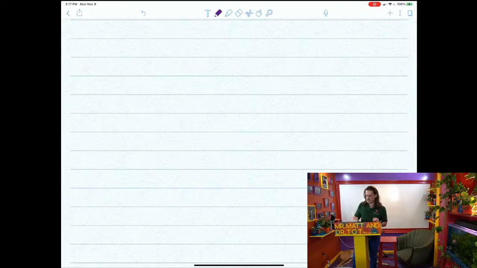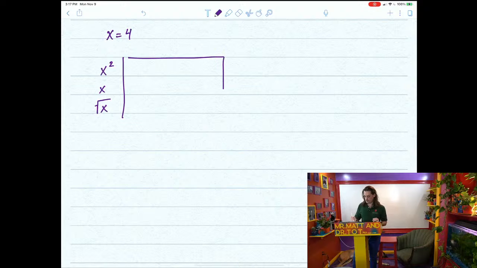So let's just take, for example, x is equal to 4, and let's look at x squared versus x versus the square root of x. We're going to have two possible values. Let's say we're testing x is equal to 4 and a number in between 0 and 1, x is equal to 1/4.